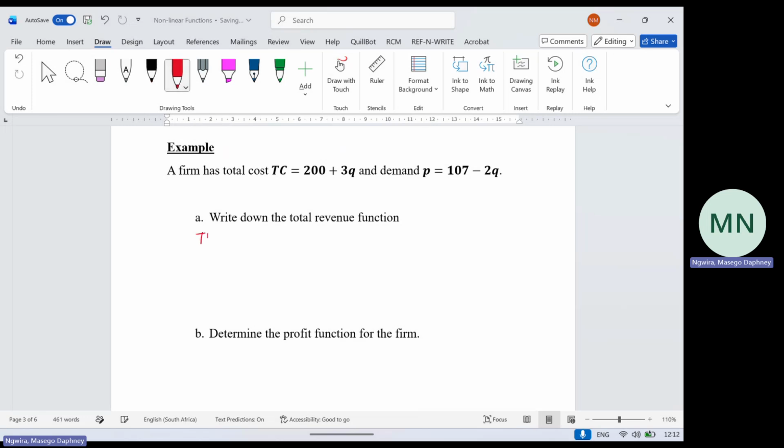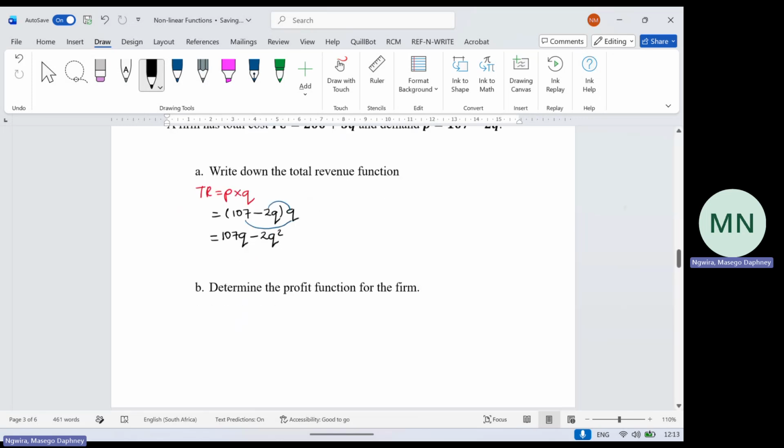We all know that total revenue is equal to P times Q, so we substitute our P: 107 minus 2Q, times Q. We distribute, so we have 107Q minus 2Q squared. That's our total revenue function.